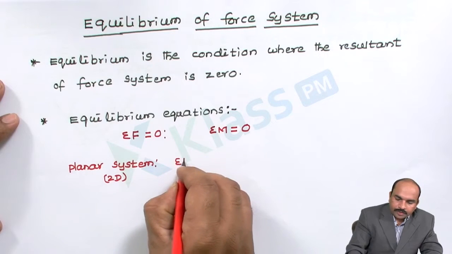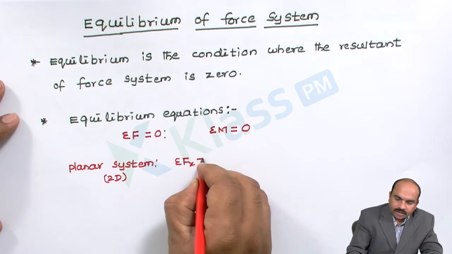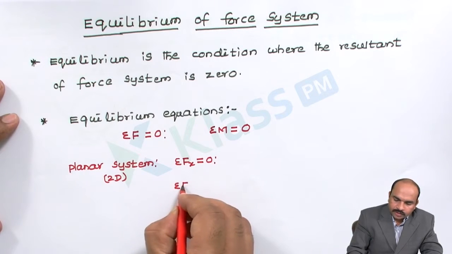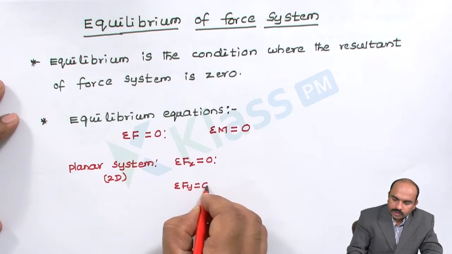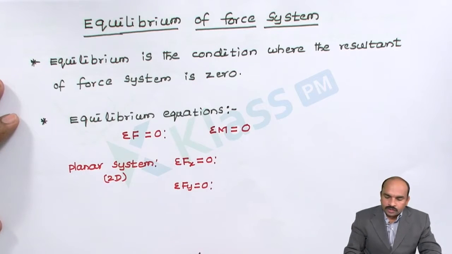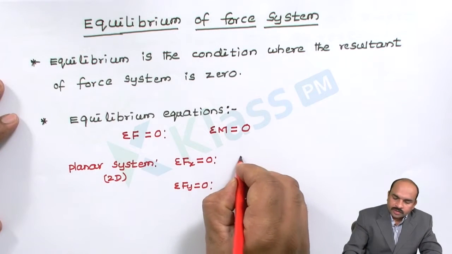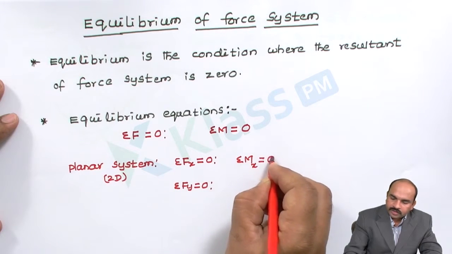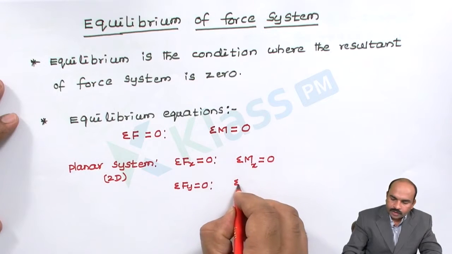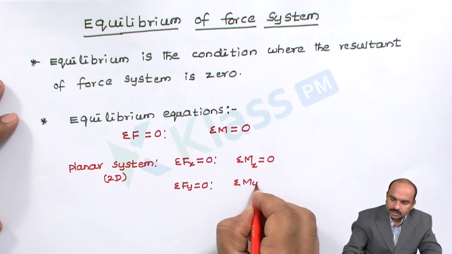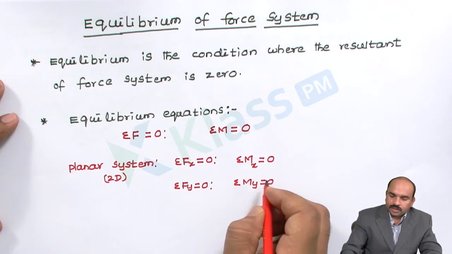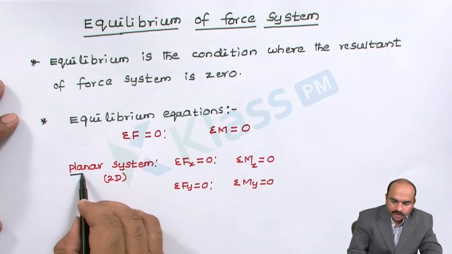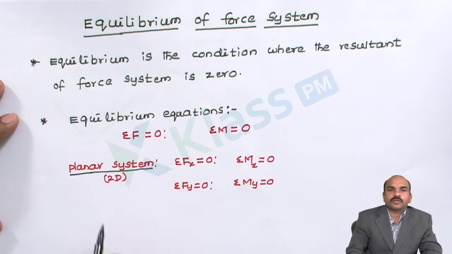So the equilibrium equations we can write: sigma Fx equal to 0, then sigma Fy equal to 0. Similarly we can also write sum of all the moments about x-axis equal to 0, then sum of all the moments about y-axis equal to 0. So these are the equilibrium equations for the planar system.